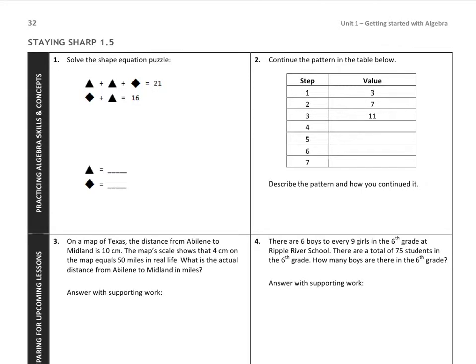If you look at this part right here, where there's a triangle plus a diamond, that's the same as a diamond plus a triangle, so that part of the puzzle is 16. And so that part alone is 16, and that means that whatever's left over, 16 plus the triangle, equals 21.